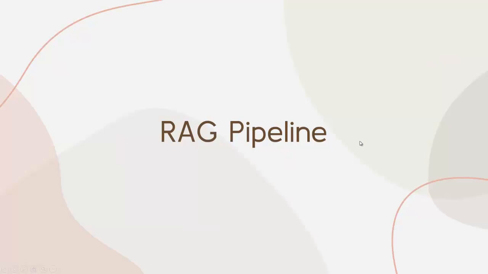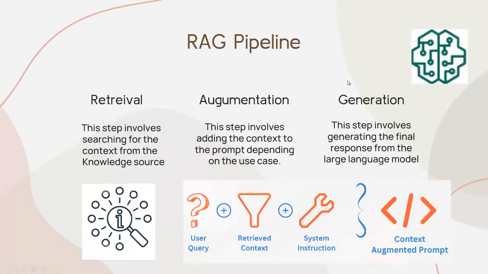Next on, let us move on to the RAG pipeline. The RAG pipeline has 3 steps: retrieval, augmentation and generation. The pipeline starts when a query is inputted into the system. This query would represent a request for information or a prompt that the system needs to respond to. Next, the retrieval phase: the system uses the embeddings stored in the vector database to find and pull out chunks of data that are most relevant to the input query.